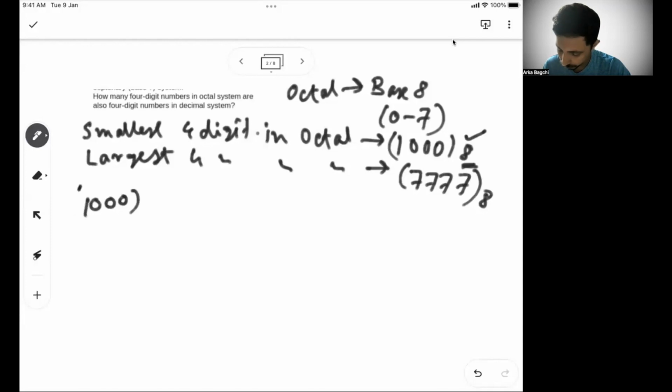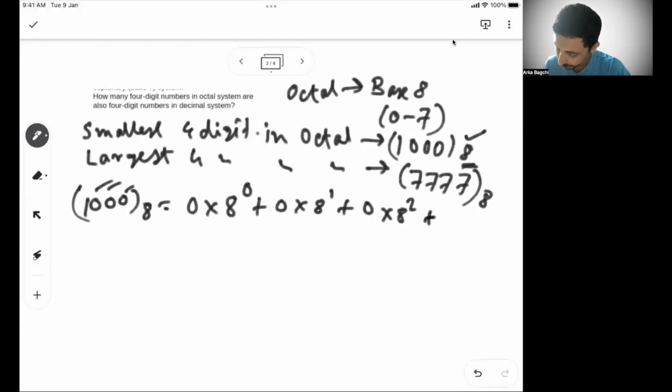So we know 1000 base 8. We start from this 0: 0 into 8 to the power 0, 8 being the base. Then the next 0: 0 into 8 to the power 1, plus the third 0: 0 into 8 square, plus 1 into 8 cube. We do it, we get 512.